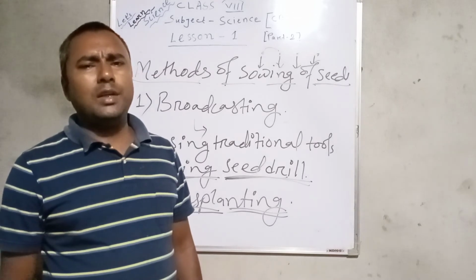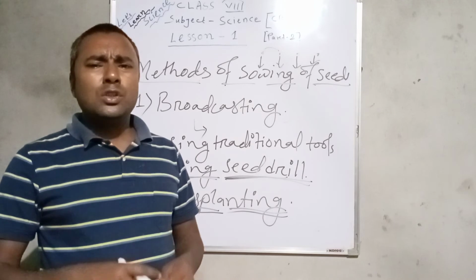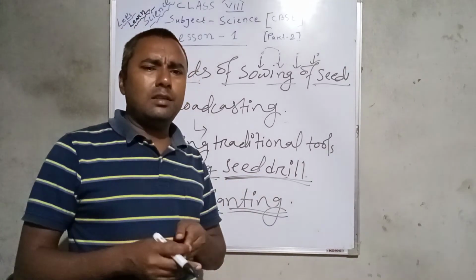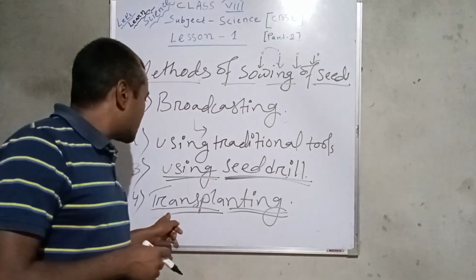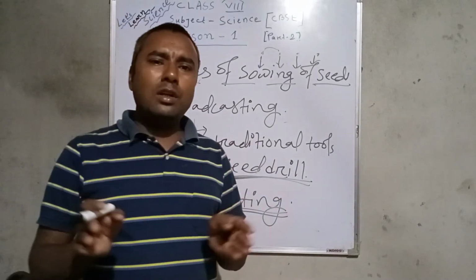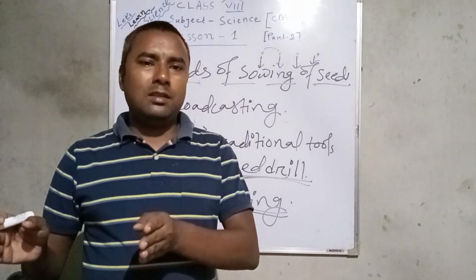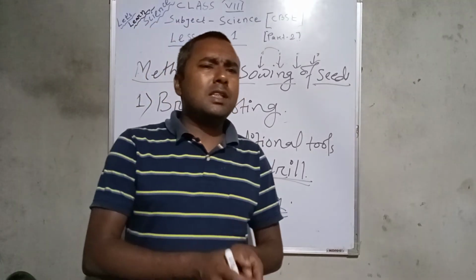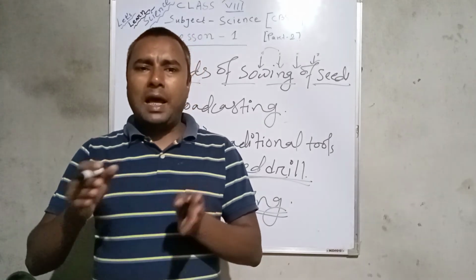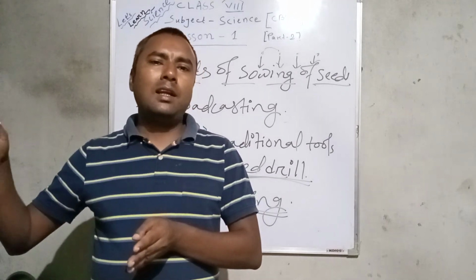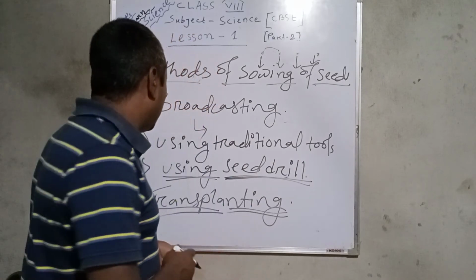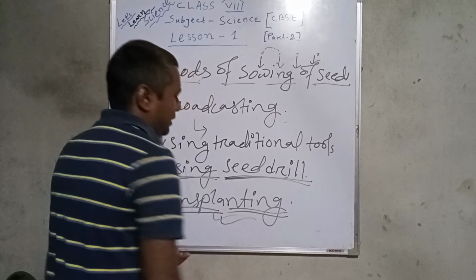Transplanting is a method in which seeds are sown in a nursery, and after that, once these seeds germinate, then those seedlings are directly planted to the agricultural field in the prepared soil, and this whole process is called transplanting.